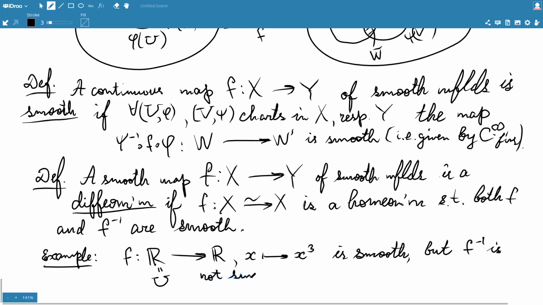You can guess easily that it is not smooth at the point 0, because F^-1 is given by taking the cubic root of y. And this is not smooth at 0.